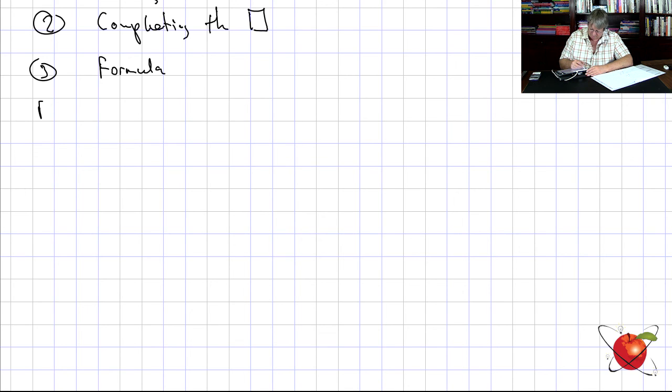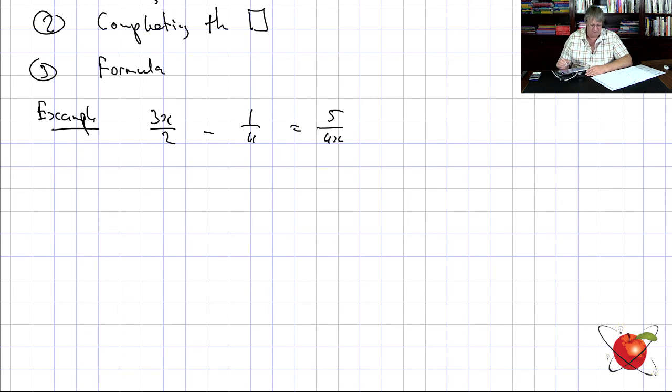Here's an example: 3x over 2 minus a quarter equals 5 over 4x. Well, we've got fractions here. Yes, you can bring that to the side, add them all together, but remember, if it's only one term, you can multiply through by the LCD.